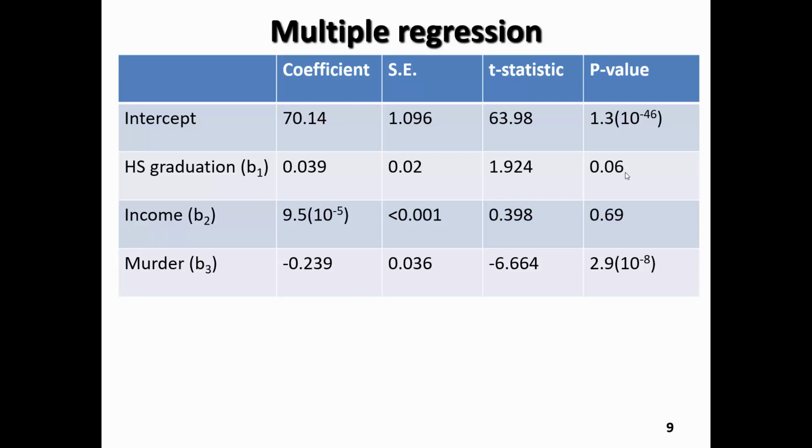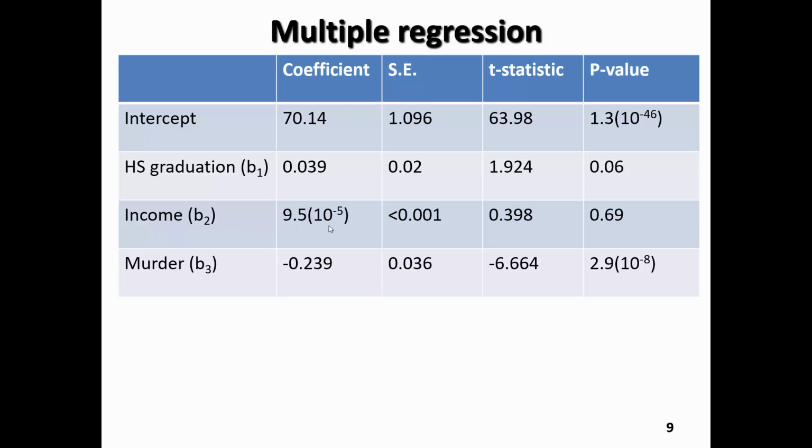Now, if you set the p-value to 0.05, then you cannot reject the null hypothesis. Although it's very close, you would not reject the null hypothesis. And so you would conclude that the high school graduation coefficient is not statistically different from 0.